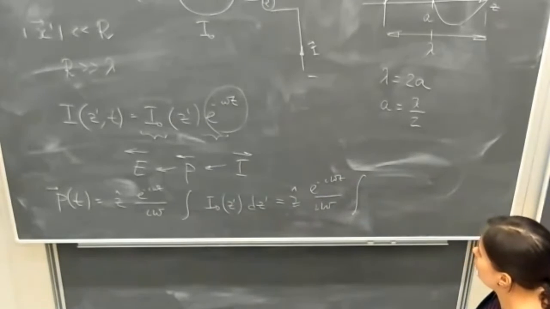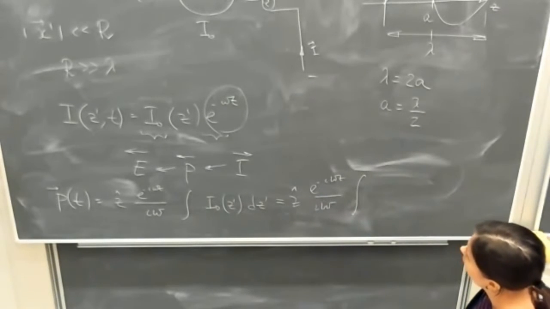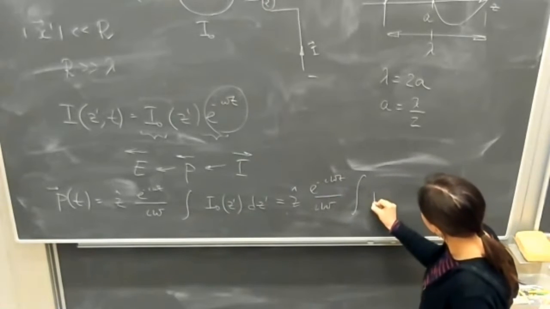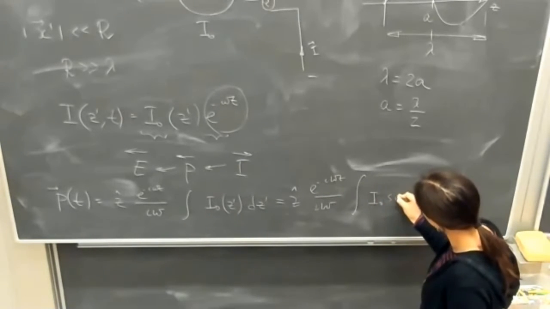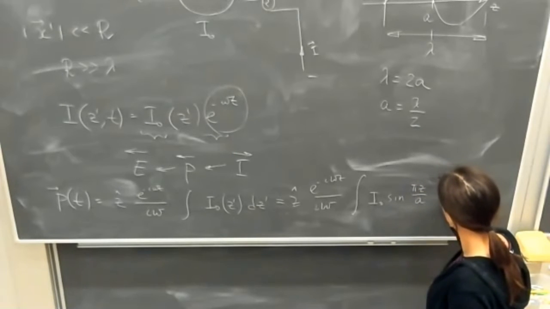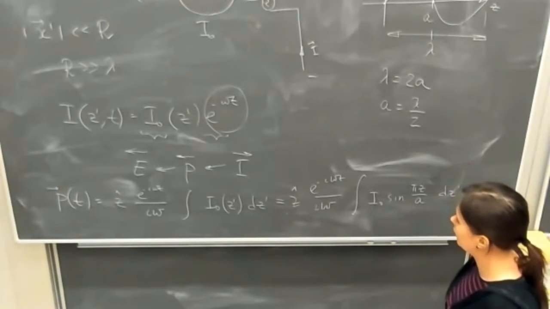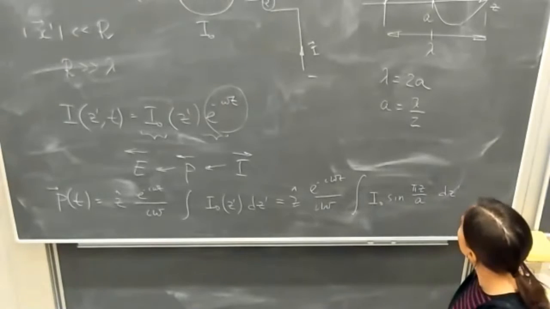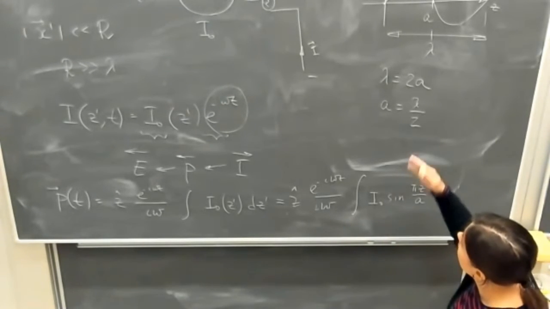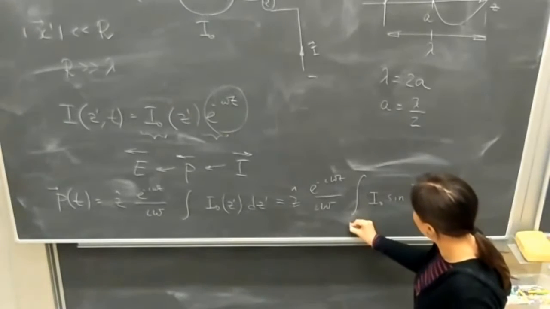Then integration uses only the amplitude, in the dz prime direction. So our dz, the length of the antenna, is from 0 to a.